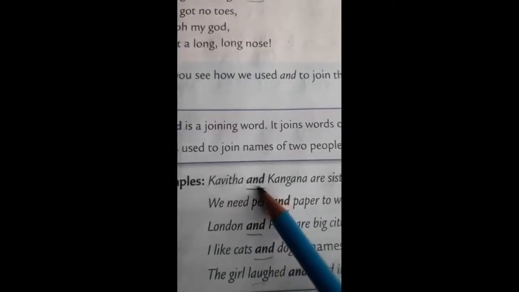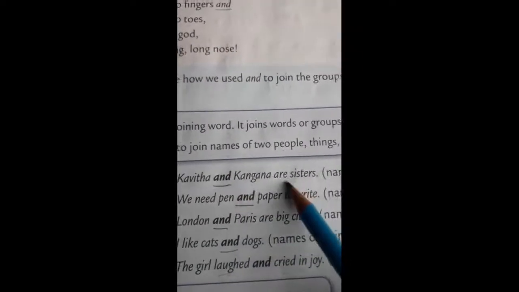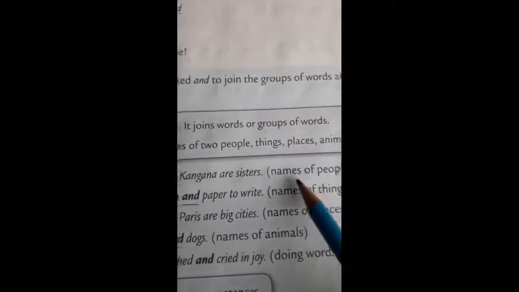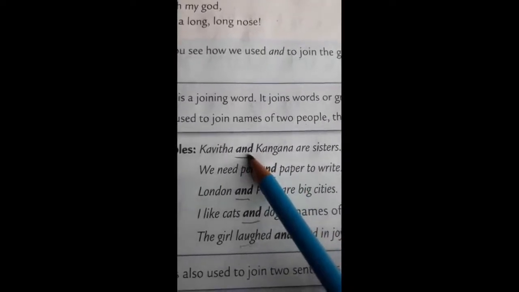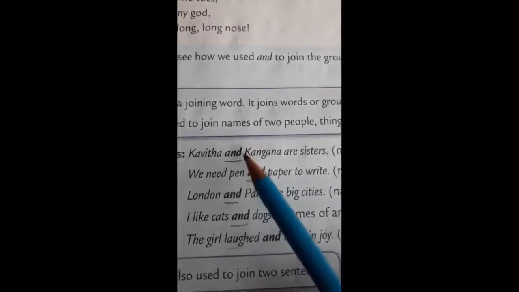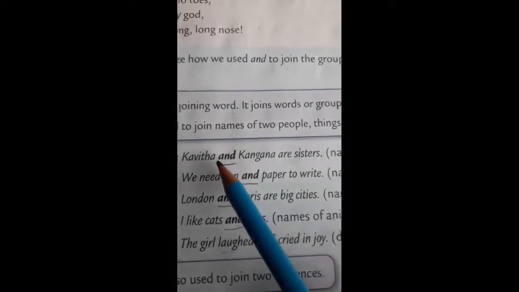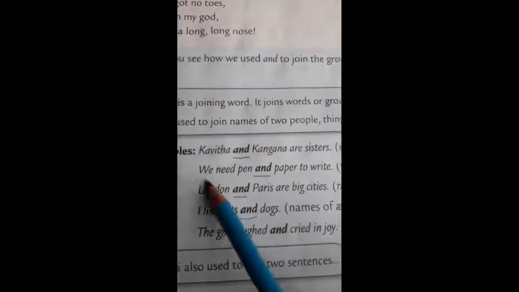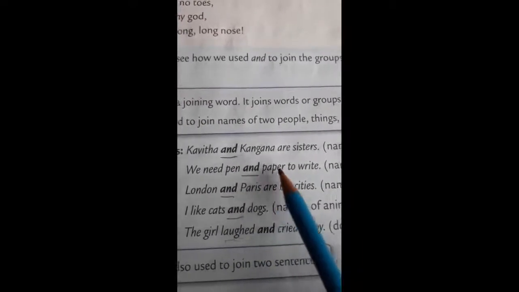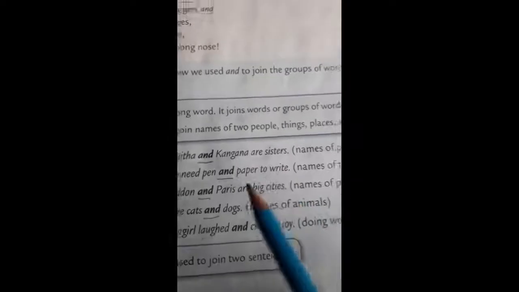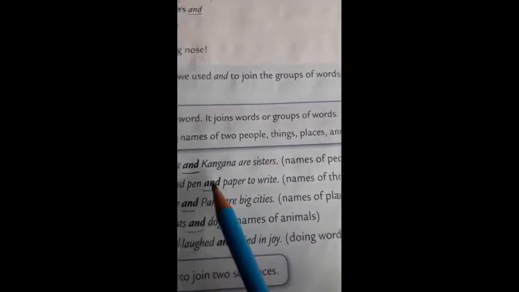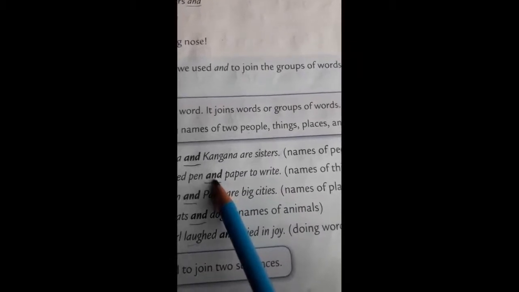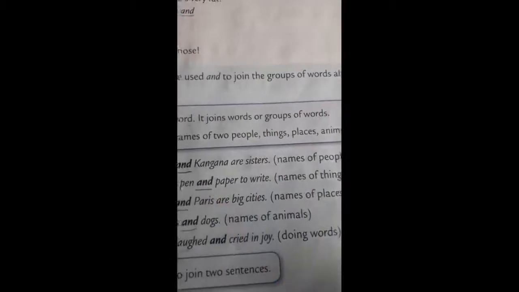Now we have some examples. Kavita and Kangna are sisters. Name of people. Here we use and to join the names of two people. We need pen and paper to write. Here we use and to join two things.